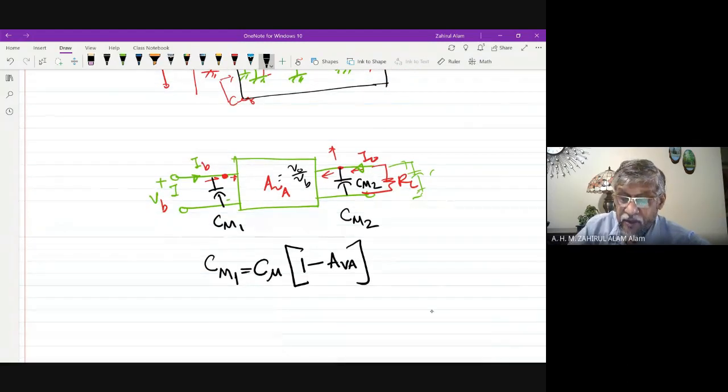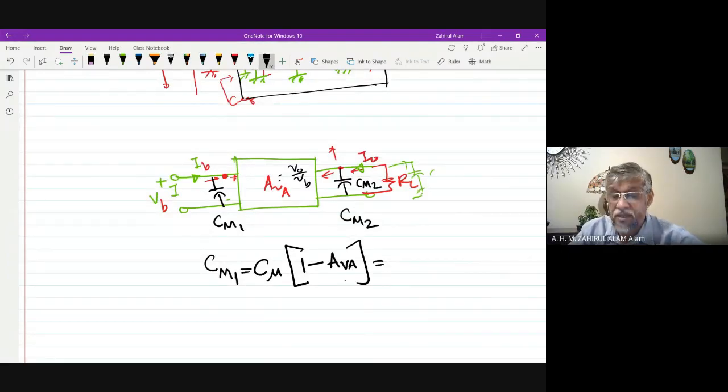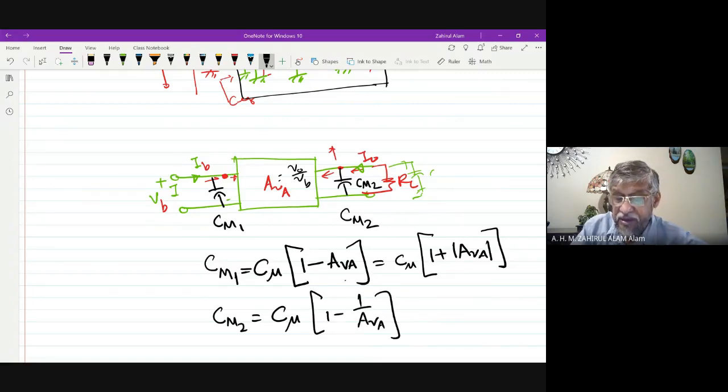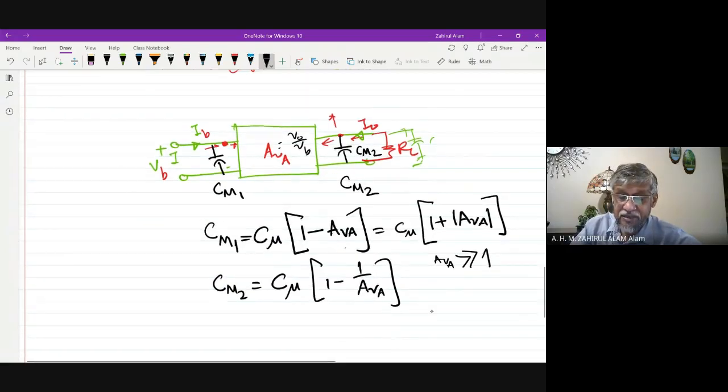Usually the voltage gain is negative, so it is better to use the notation magnitude of AVA. And CM2 is equal to C mu times 1 minus 1 over AVA. Usually AVA is much larger than 1, so we can approximate it as equal to C mu.